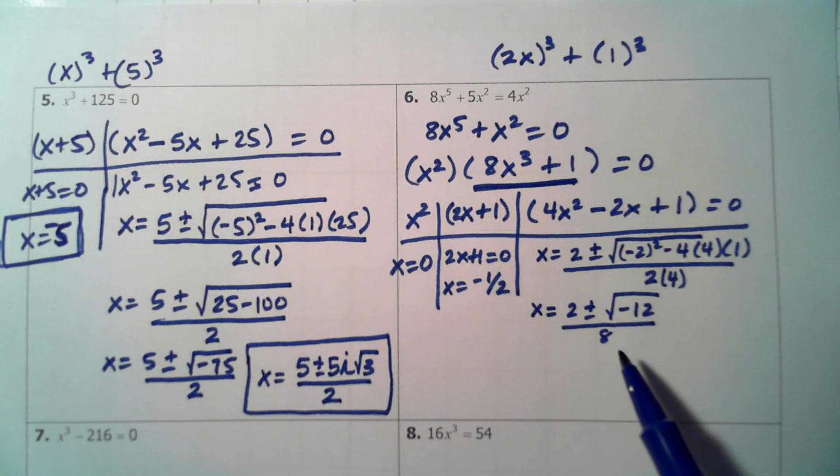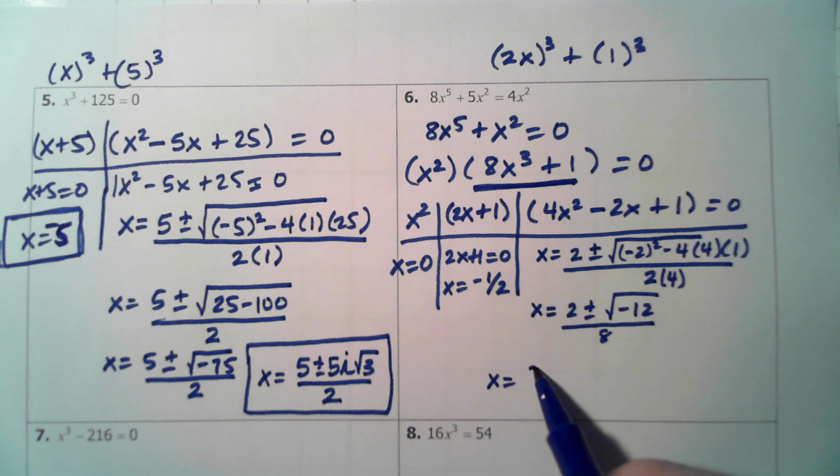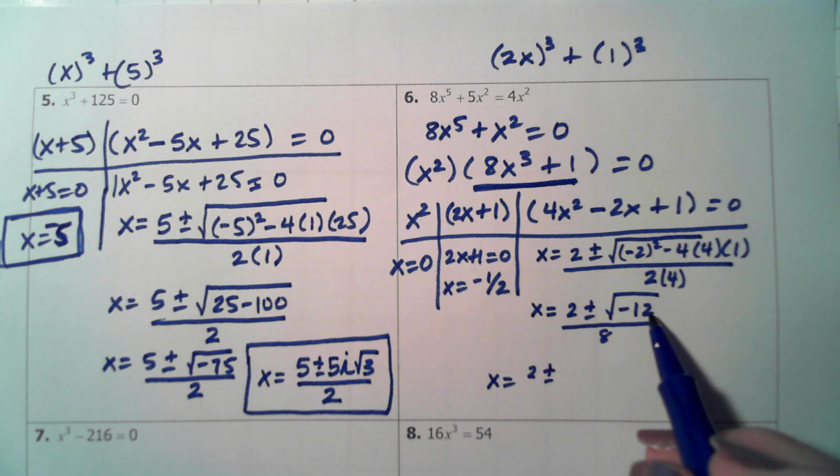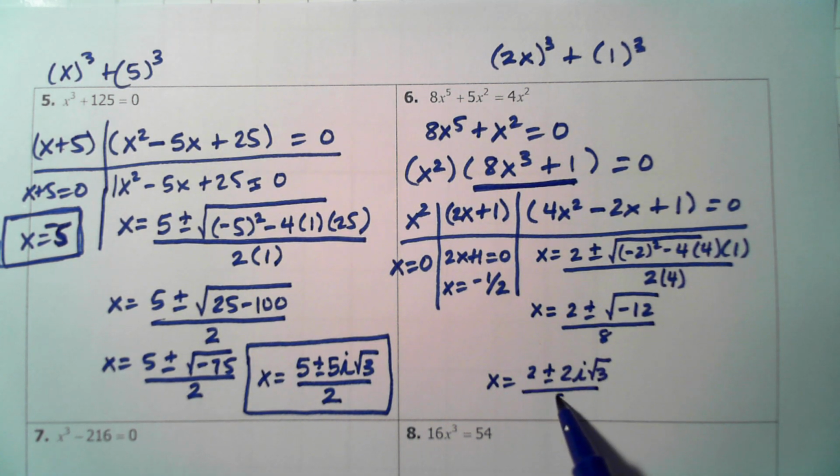Okay, we're getting there. I'm going to move over here a little bit. x is equal to, we've got 2 plus or minus, and the square root of negative, we've got an i, and so the square root of 12 happens to be 4 times 3, which is 2 root 3, all over 8.